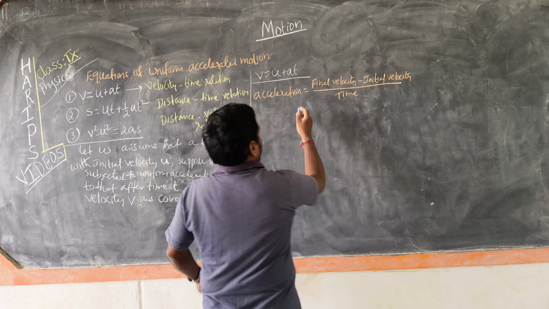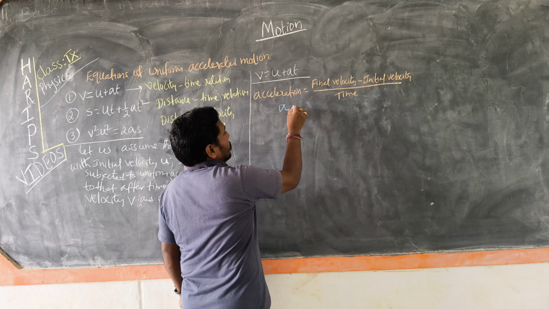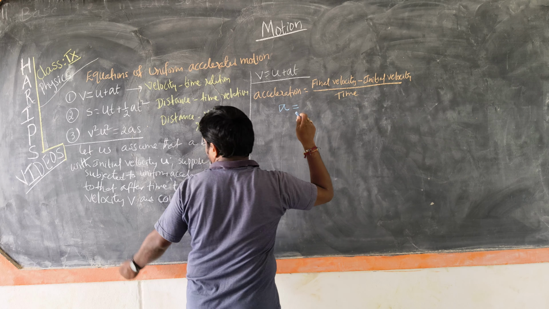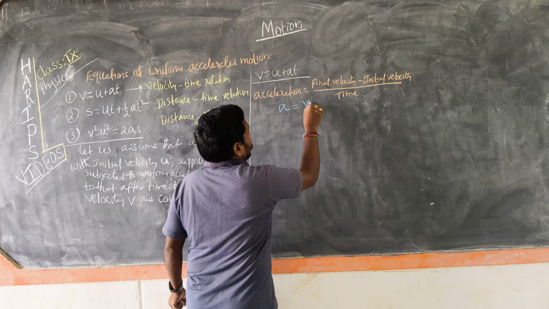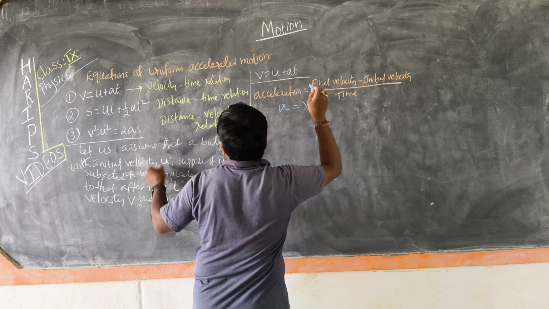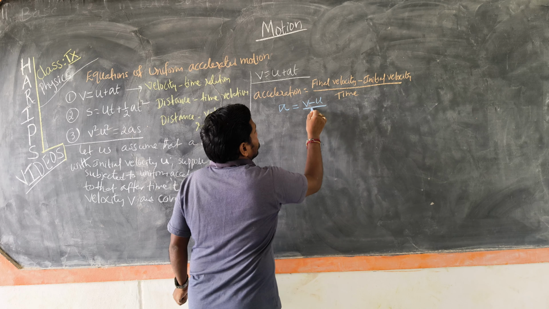So we can write acceleration a equal to final velocity v minus initial velocity u, over time t.